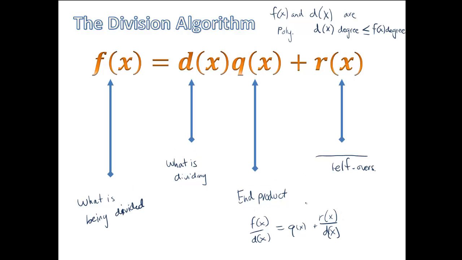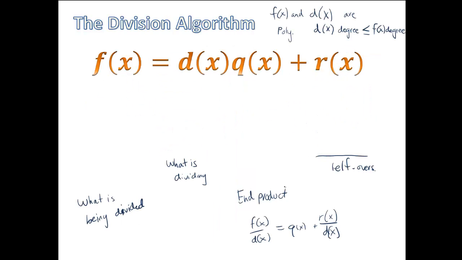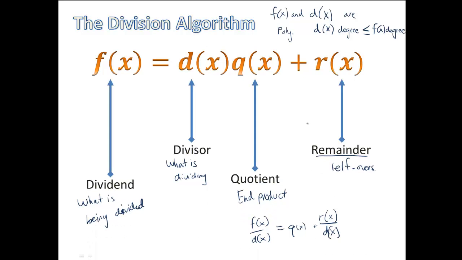This format right here is very similar to what we have right here. Okay, there's two different things. This is your f of x over d of x, your quotient, your answer, your remainder, and then your d of x again, right down here. So if you want to mull around on that one, there you go.